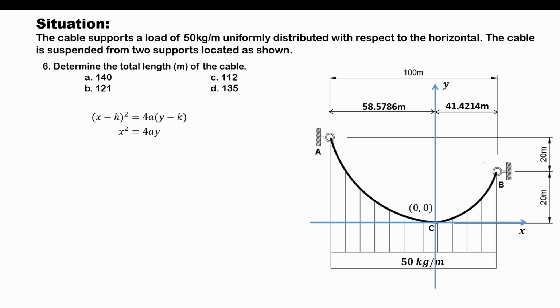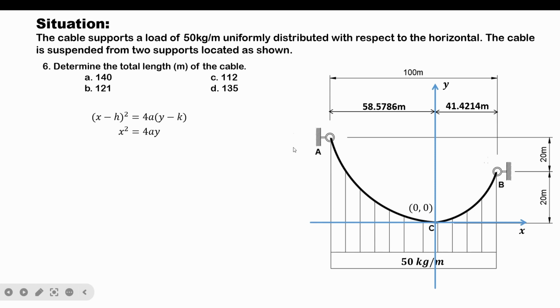And now, our next objective here is to determine the variable a. We will be computing this if we know at least one point of the parabolic cable. Technically, these points are preferably the points wherein the supports are located because their distances relative to the vertex are known, as shown in the figure.